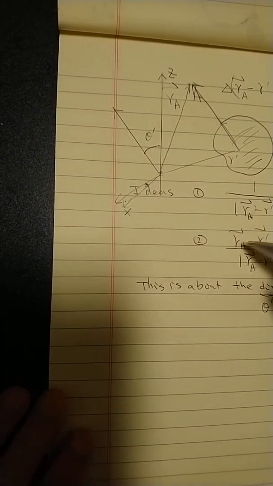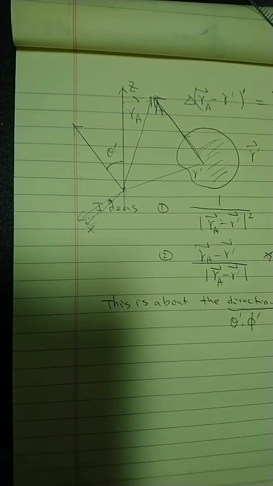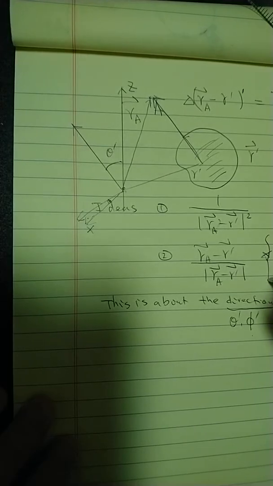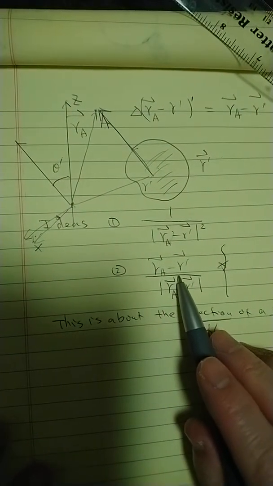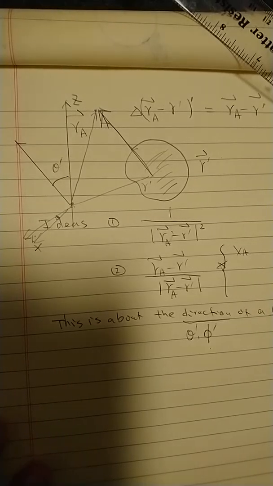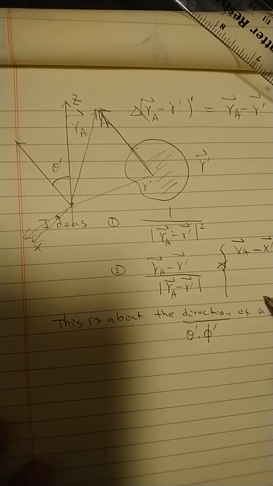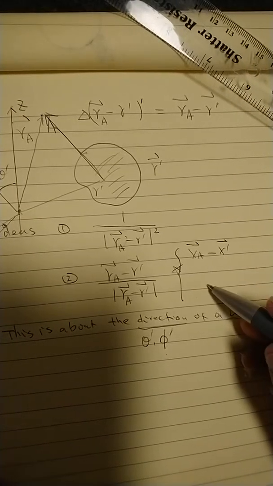And in other words, you can write them down like this. That's perfectly fine. But when you do the calculation, you only have two choices. One is to use Cartesian coordinates, which means this one here becomes x sub a along the x direction minus x prime, and you have the same thing for your z component and the y component.